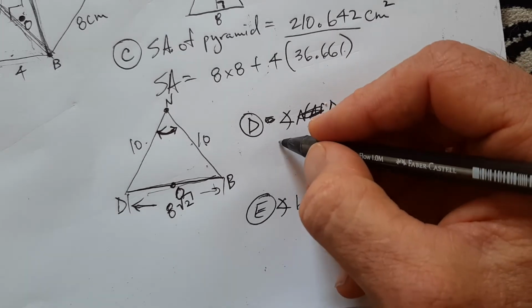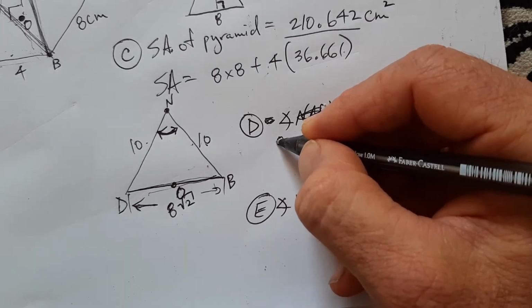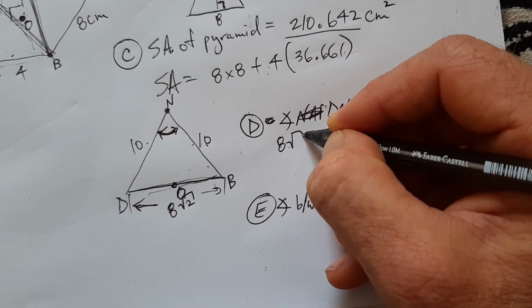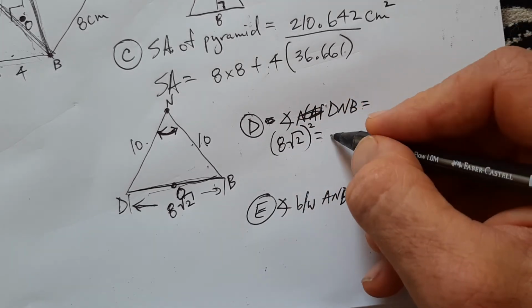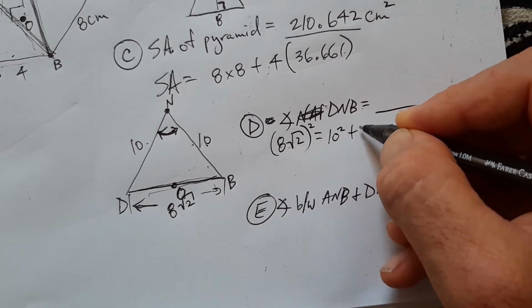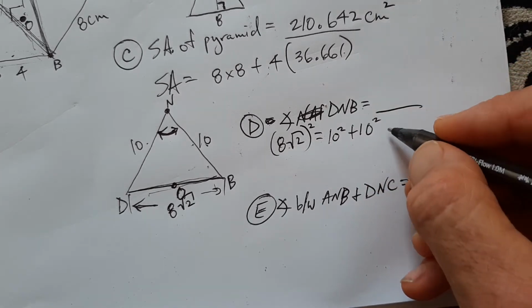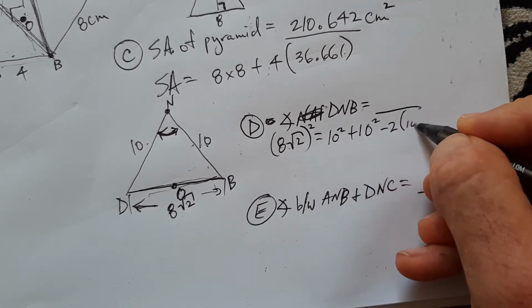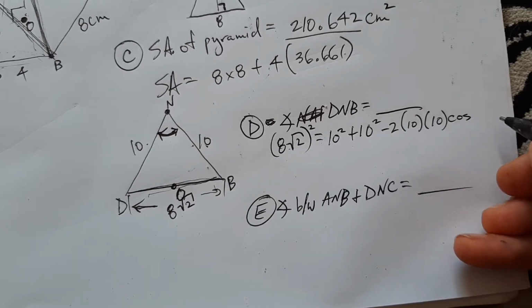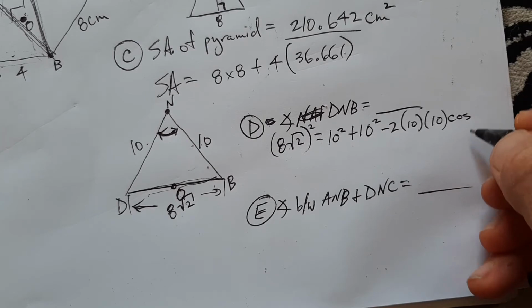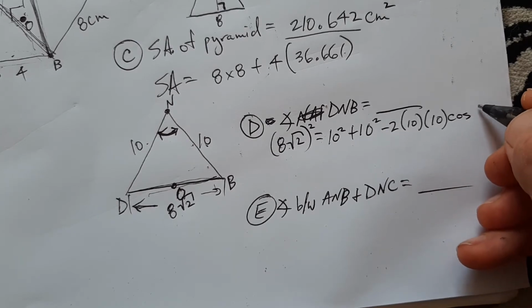This side, 8 square root of 2 squared equals 10 squared plus 10 squared minus 2 times 10 times 10 times the cosine of that angle I want. Let's just call it angle N right now.